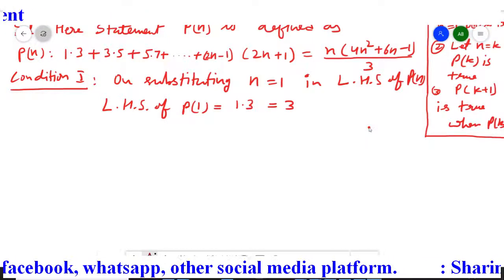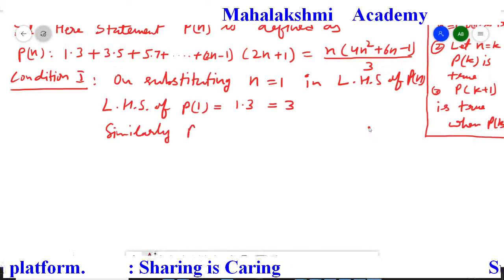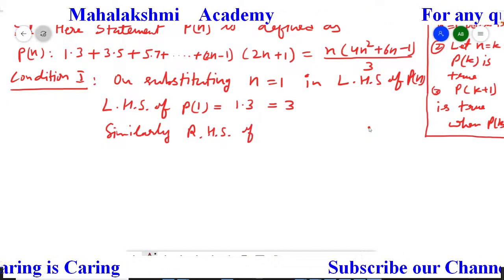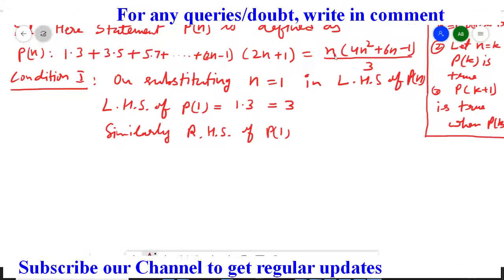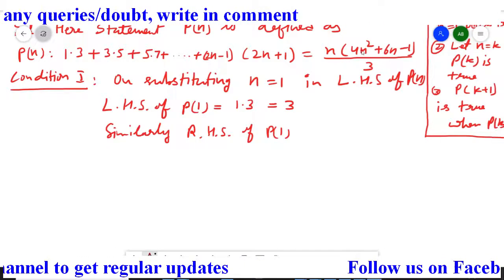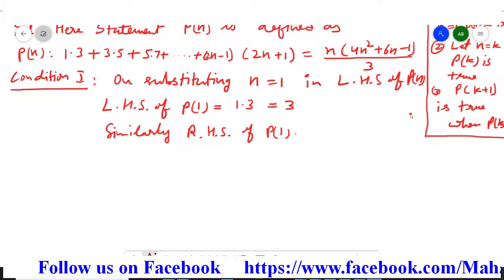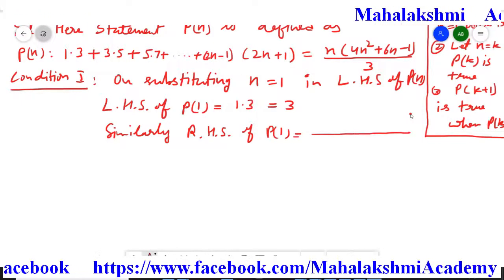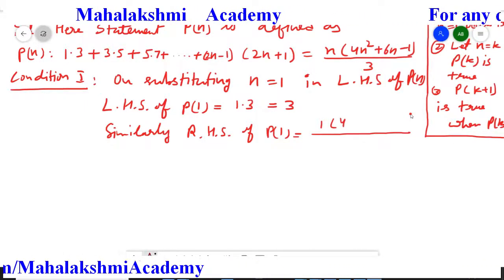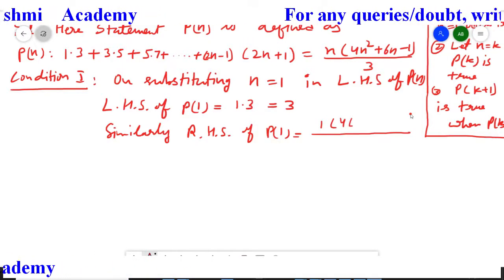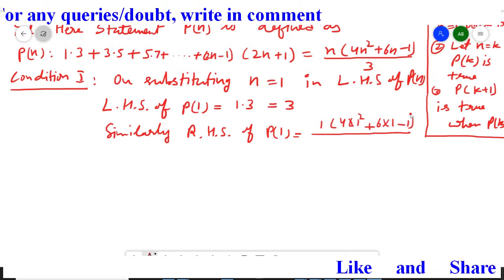Now in the same way, similarly, the right hand side of P1. In this right hand side, instead of n we are going to replace 1. So 1 multiplied by the bracket 4 multiplied by 1 square plus 6 multiplied by 1 minus 1, divided by 3.